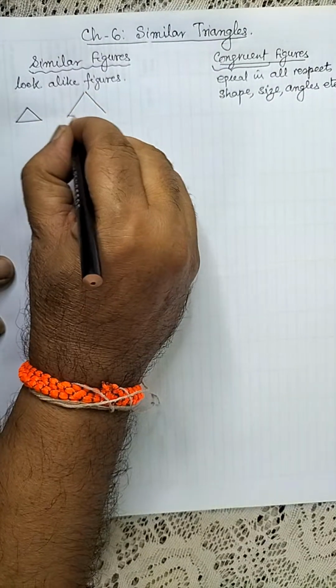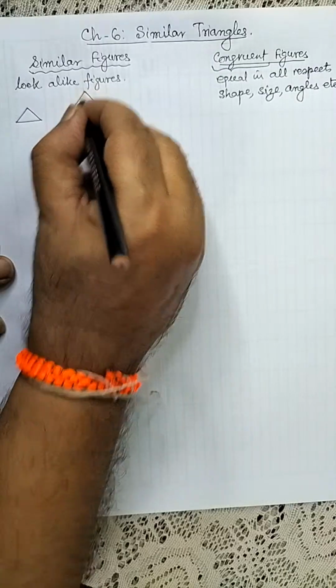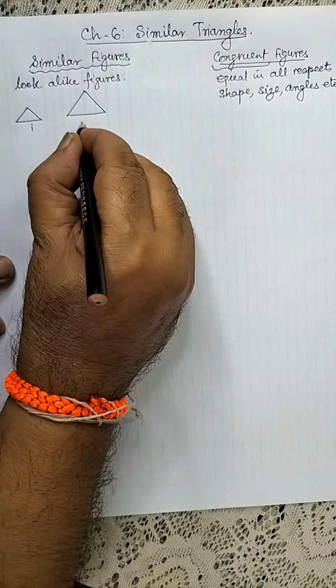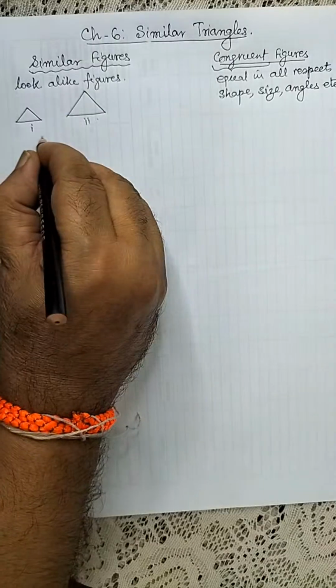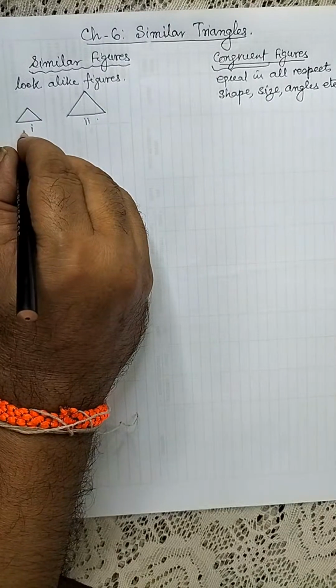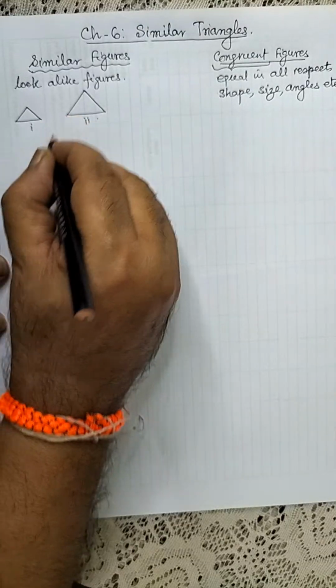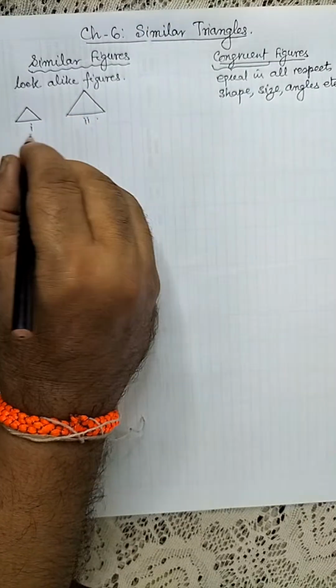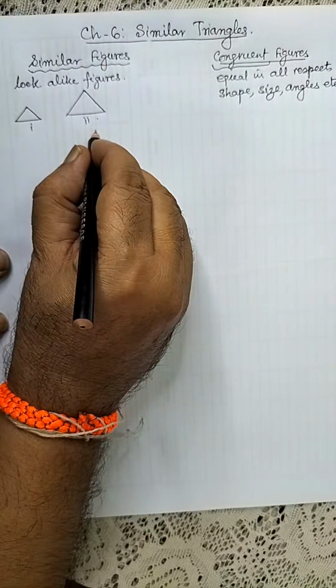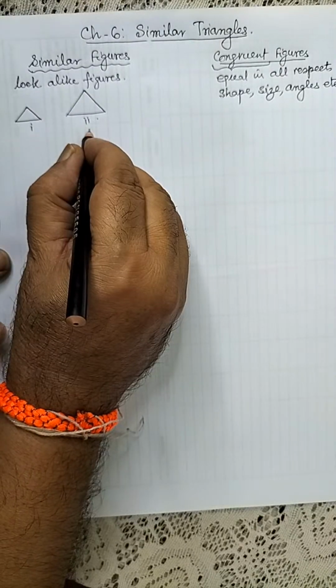Their shapes are the same, but the second triangle is bigger than the first one, right? So their sizes are different, but they are looking alike. So these are similar figures.